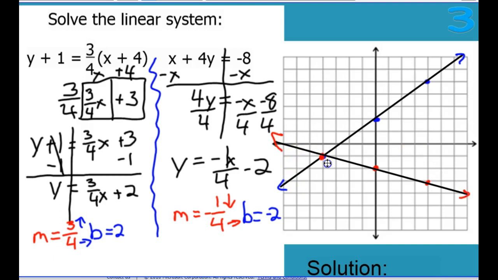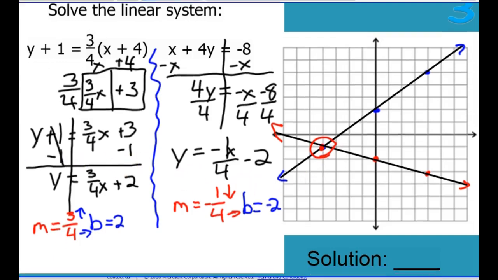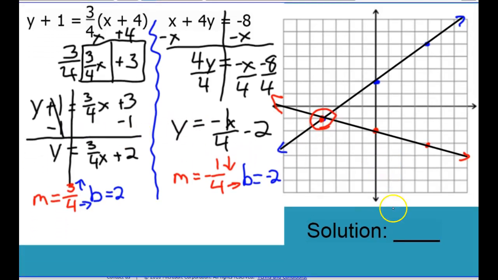So this point where our lines cross, that is our solution to our problem. The solution, like we said before, is x, y. It's a coordinate. So we go over negative 1, 2, 3, 4. So our x is negative 4. And our y is down 1, so negative 1. So our solution is negative 4, negative 1.